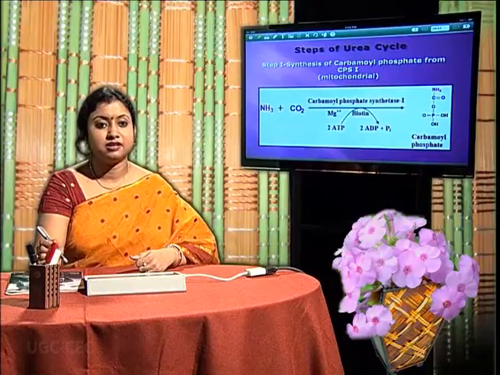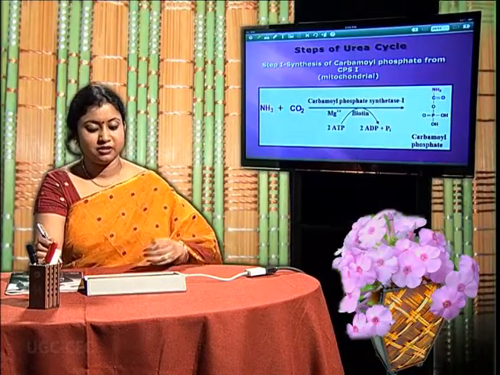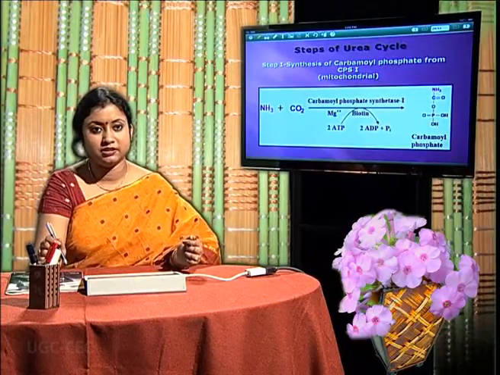So the urea cycle must be compartmentalized so that urea formation can take place. Now I will discuss in detail how ureotelic organisms excrete the excess amino nitrogen via the urea cycle. I will tell you the details of each of the 5 steps of the urea cycle.